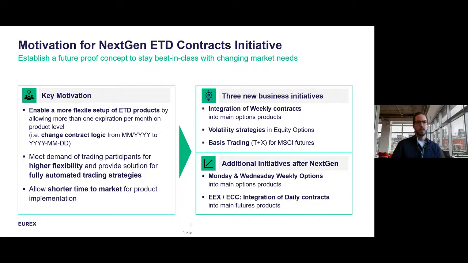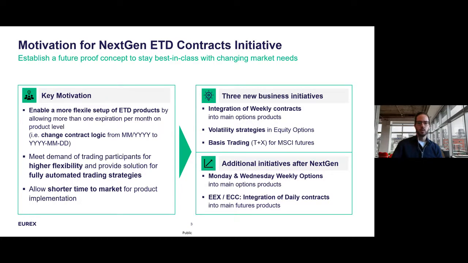What is the actual change about? We currently have a limitation in terms of expiries. We can have maximum 1 expiration per product per month. That's driven by the current contract logic that is based on month, year. Here we intend to move to a logic that allows us to have, on the one hand, weeklies, but also daily expirations within the same product in the same month.